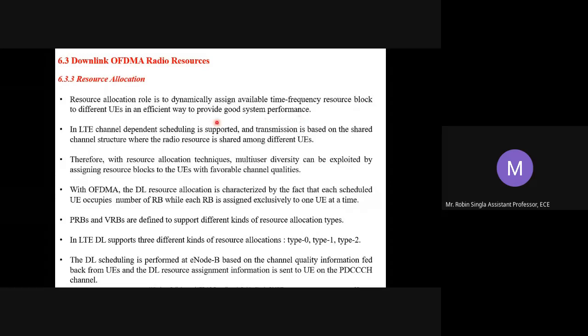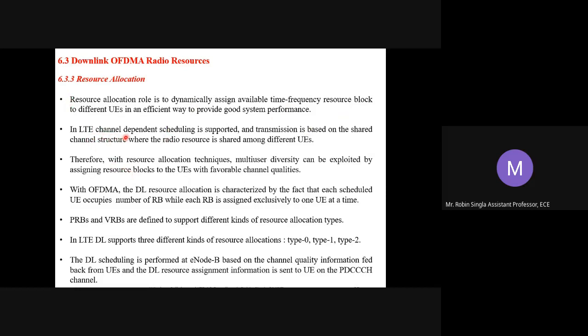Okay, I will repeat it one more time. So this is the function of resource allocation.